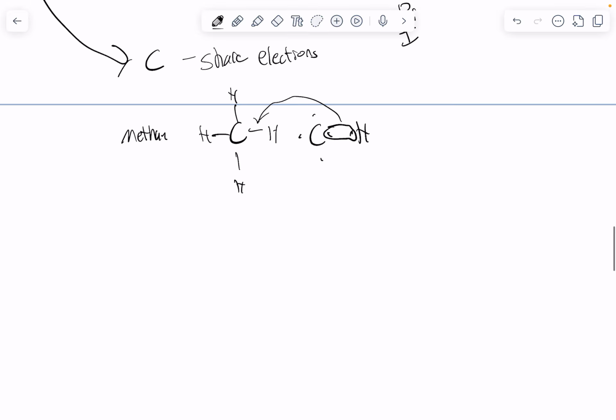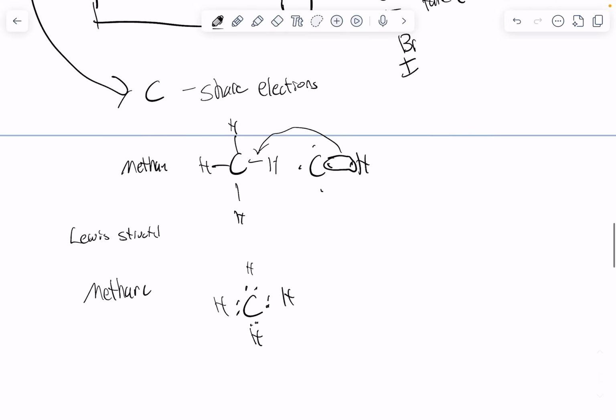So there's different ways that we can show these bonds. When we go to methane, this is the Lewis structure. And the Lewis structure is just a way to visualize the bonds that are happening. So let's do this. We got these electrons here.